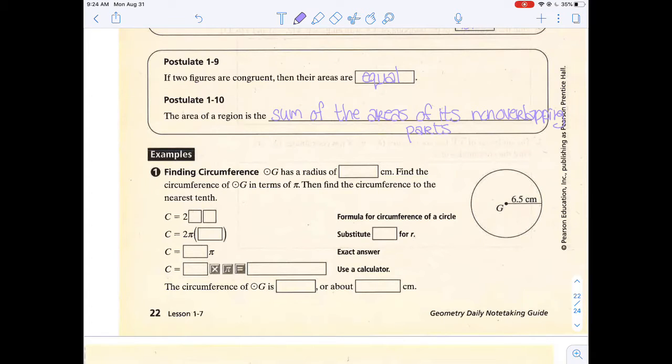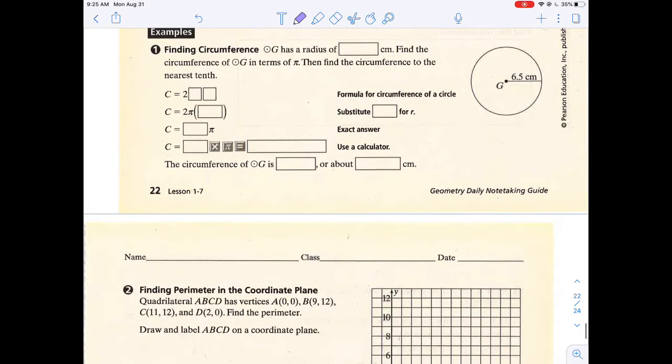Okay, so all that means is like, if I have a shape that looks like this, then the area is the sum of this piece and this piece. It can't be like the area of this piece and this piece, because these overlap right here. Okay, now that we got that down, let's jump into some examples.